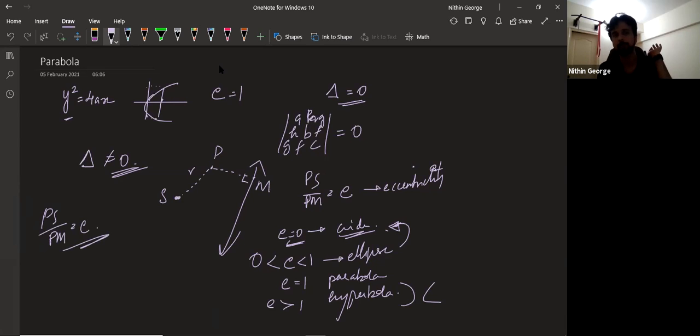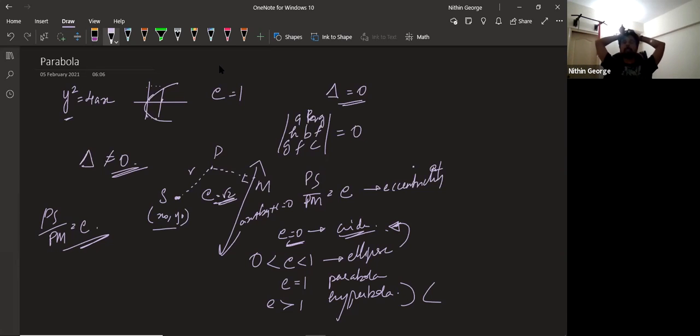Whenever you have PS by PM equal to constant, then you can find the equation of the conic. So the idea is, if a point is given to you as the focus, and a line is given to you as the directrix, and the eccentricity is also given, you can easily find the equation of any conic, however it is angled.